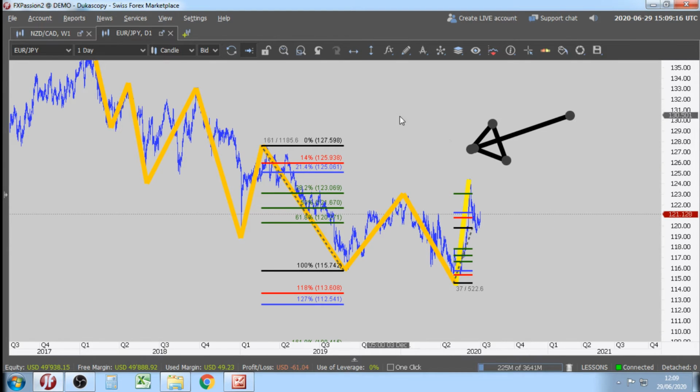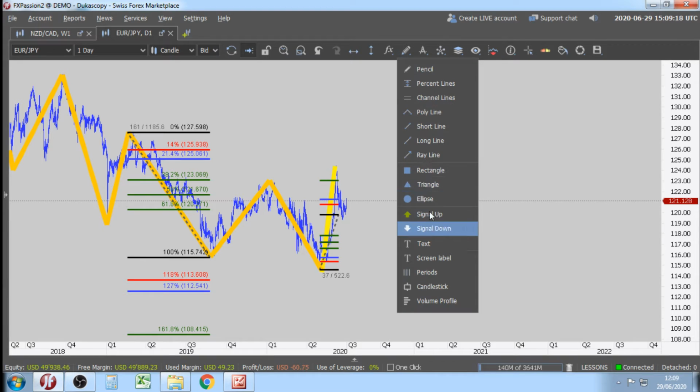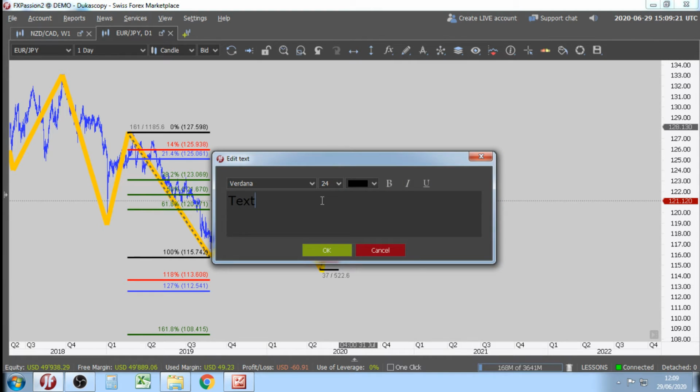You cannot assume, oh, Passion, you didn't say this. So this is a Fibonacci rule. Fibonacci rule on structure. We cannot assume that just because the market broke structure that also the Fibonacci changed his direction.